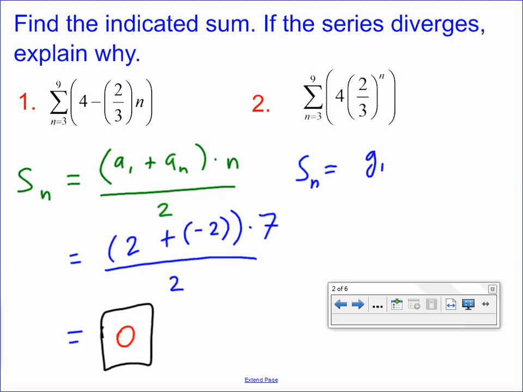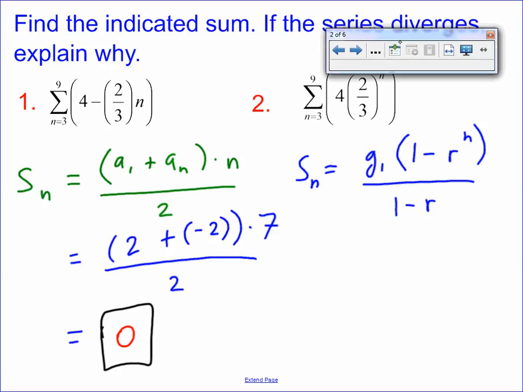G sub 1 times parentheses 1 minus R to the n, over 1 minus R. Awesome, thank you. We can see my constant multiplier, R, is 2/3. And my first term, even though this says G sub 1, in this formula represents the value of the first term in the sum. So I still use 3 to do that. Then I can just plug into my formula and evaluate the finite sum.